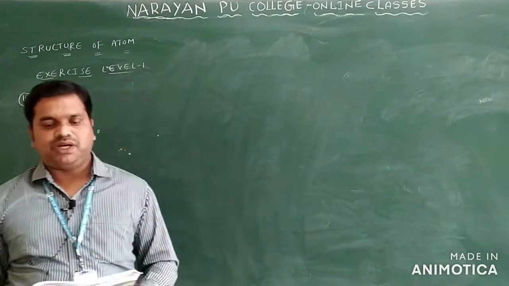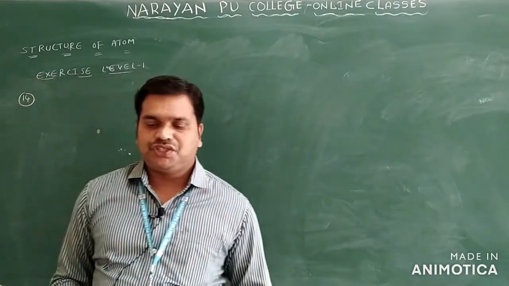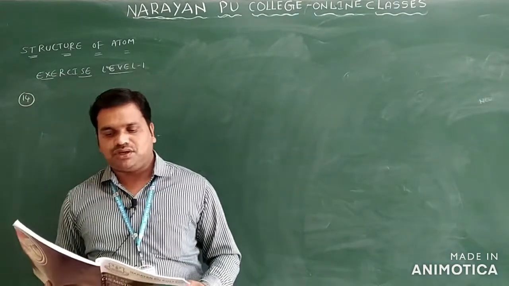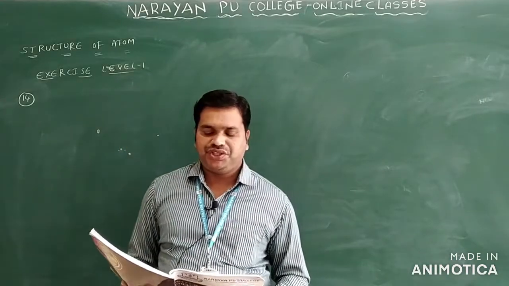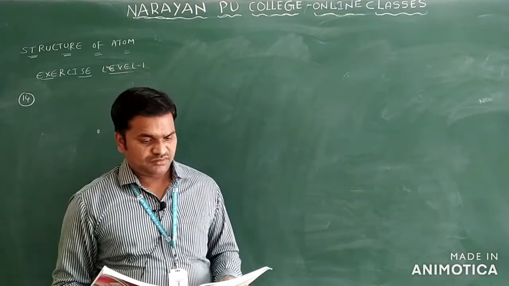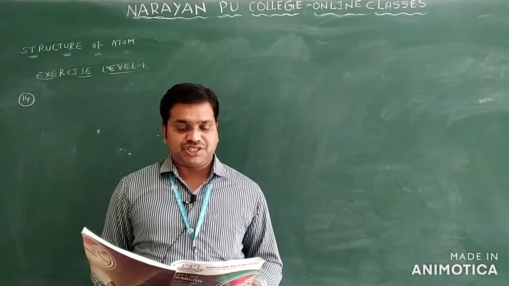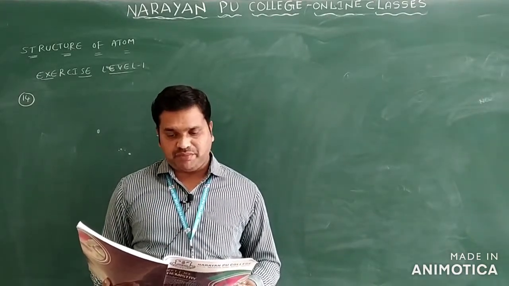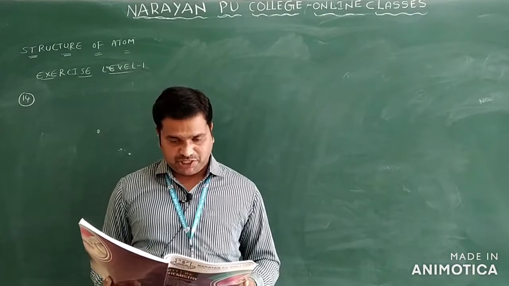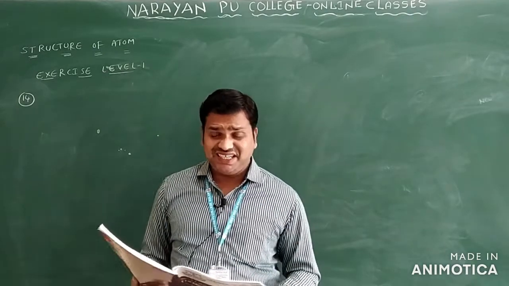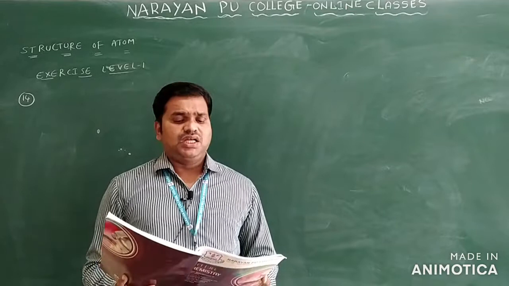The next question, question number 14: Which of the following is not a characteristic of Planck's quantum theory of radiation? The first option says energy is not absorbed or emitted in a whole number or multiple of the quantum.